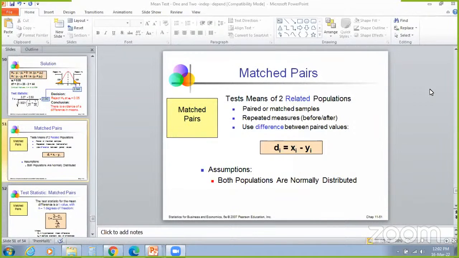For example, the effect of a particular policy before and after. For example, the effect of COVID-19 on any sector of the economy or any economic variable in general. To measure the impact of COVID-19 on any economic variable, your analysis is before COVID-19, after COVID-19.